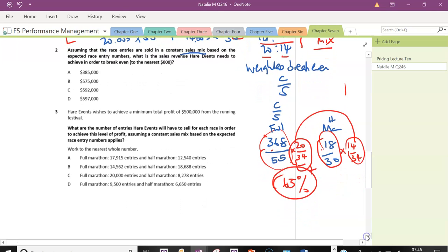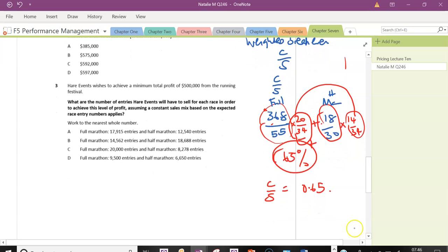So the C over S ratio becomes 0.65, and we know that break-even contribution is equal to fixed costs, which we're told are 385,000.